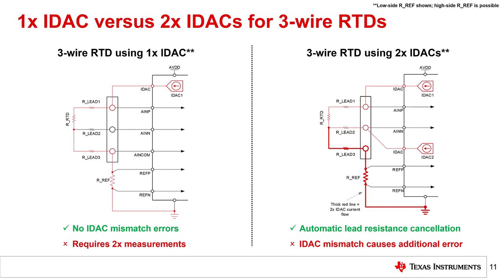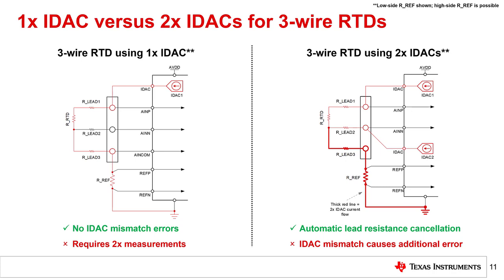Therefore, the difference between AIN P and AIN N is the voltage across R lead 1 plus R RTD minus R lead 2. Assuming R lead 1 equals R lead 2, the result is just the voltage across R RTD. However, this result requires an additional assumption that the current output from IDAC 1 and IDAC 2 are identical. Any mismatch in the IDAC currents results in an error.